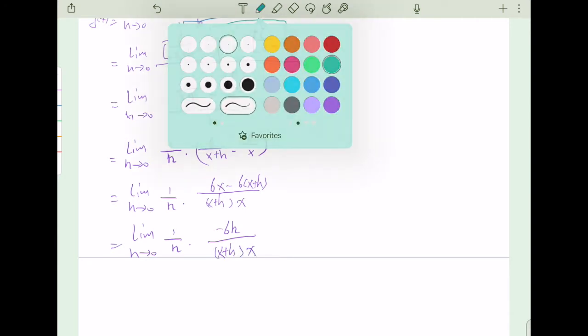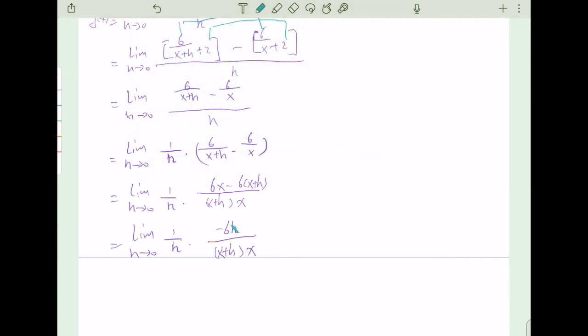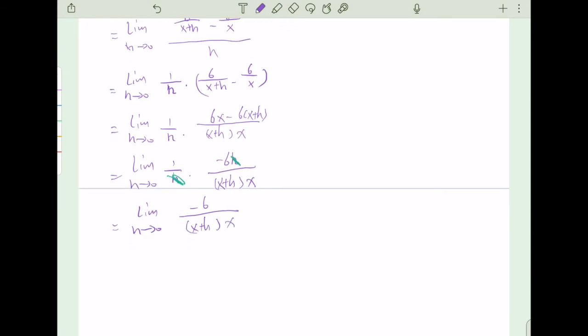Now this h cancels with the h here. That's the 0 factor. Now we are left with negative 6 divided by x plus h times x. We can plug in, and that is negative 6 divided by x plus 0 times x, which is negative 6 divided by x squared.